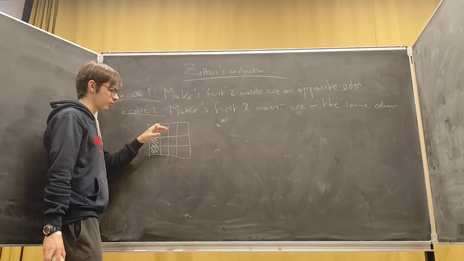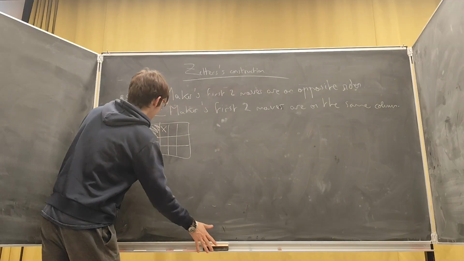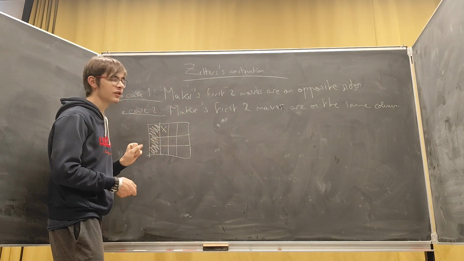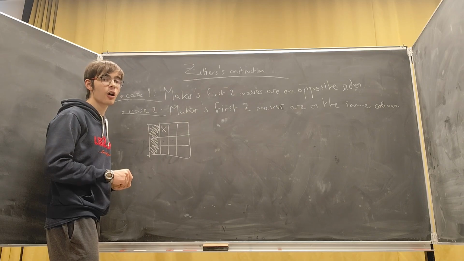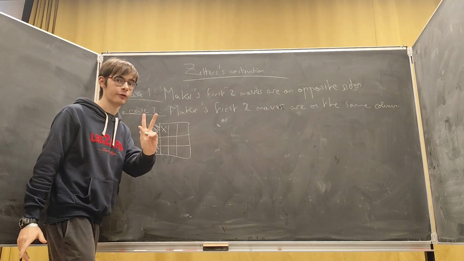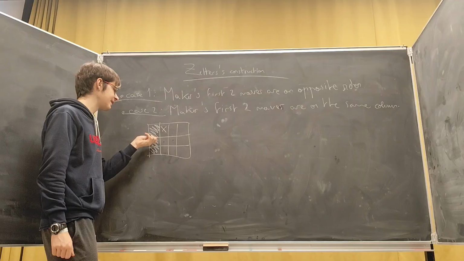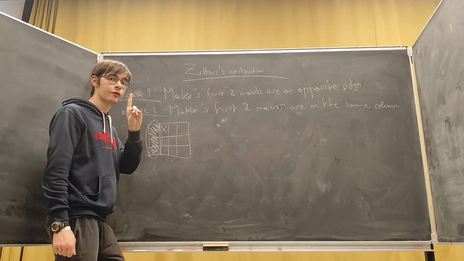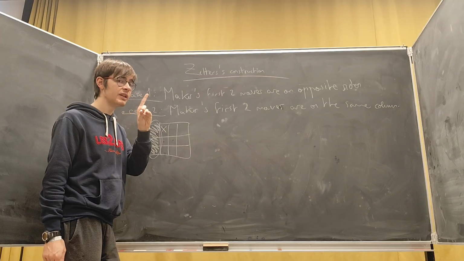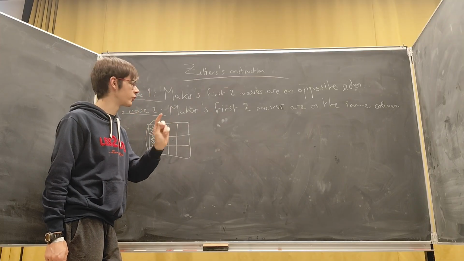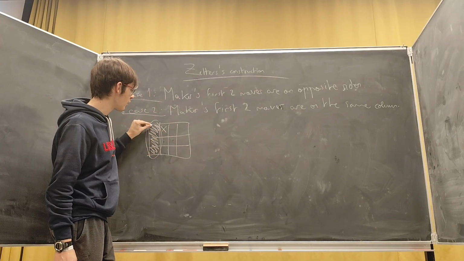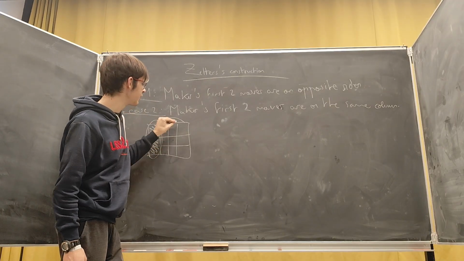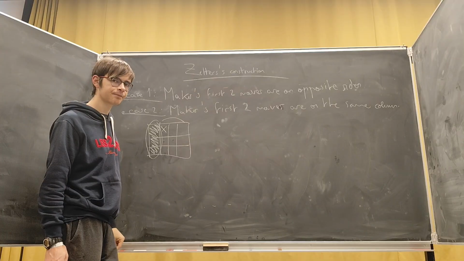So I will arrange the lines and columns such as maker's third move is here. And now we know that actually two of these three columns will be occupied by breaker after breaker's third move. So remember, breaker's second move is on this column, okay? Breaker's first move cannot be on the same column as maker's first move. And maker's first move was on this column here. So breaker's first move is on one of these three columns, okay?